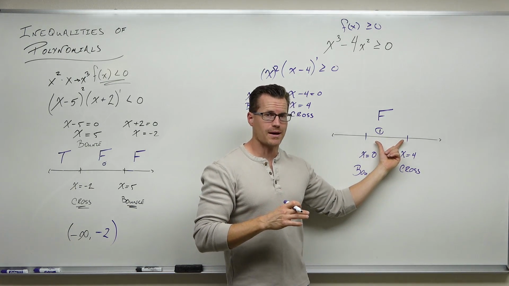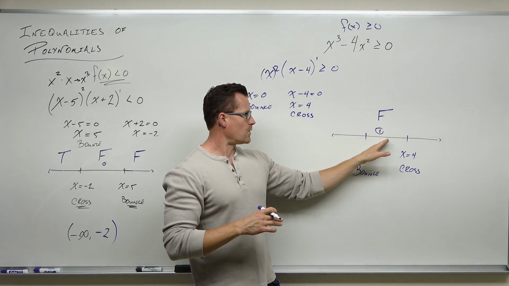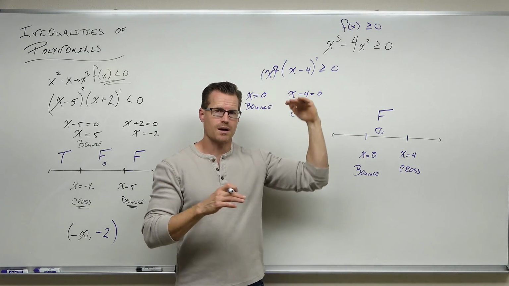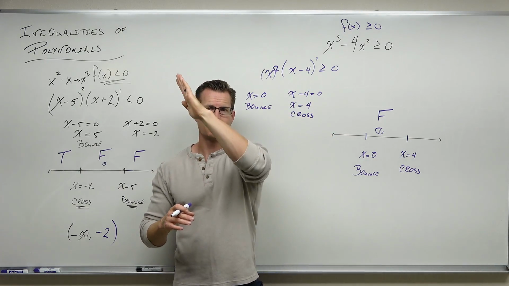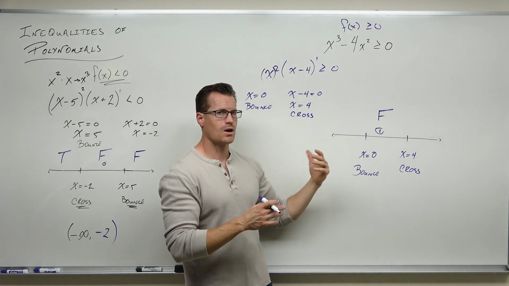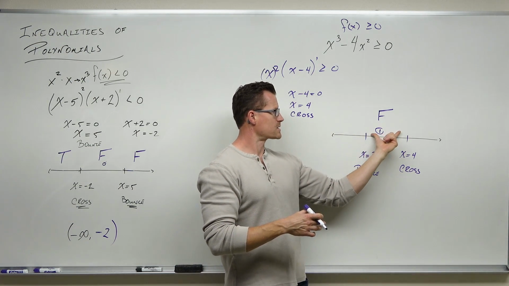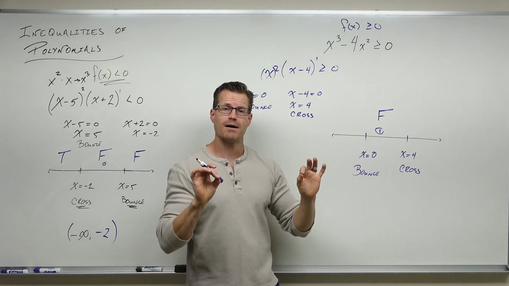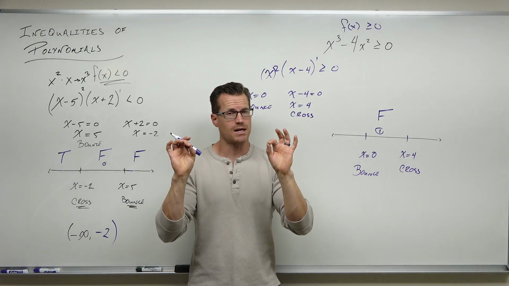Now let's be smart about it. If that's false and this bounces, this interval is also false. A bounce does this and this, or this and this. It doesn't really matter how it's going if you're going to use this technique. All that really matters is this interval is false, this was a bounce, so that interval is also false. They have to have the same sign on opposite sides of a bounce.